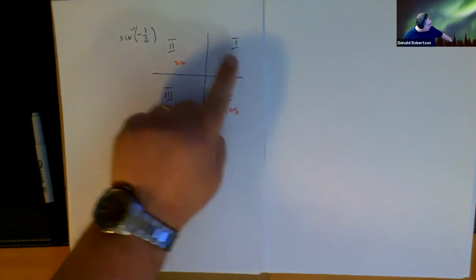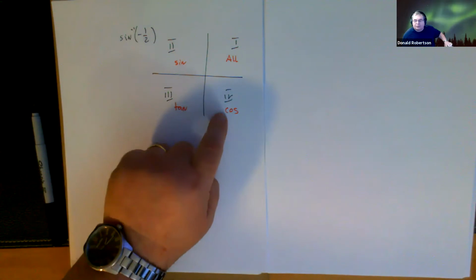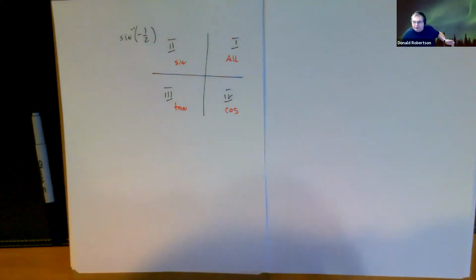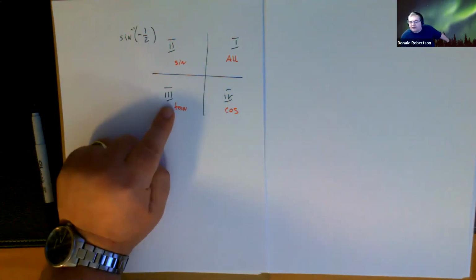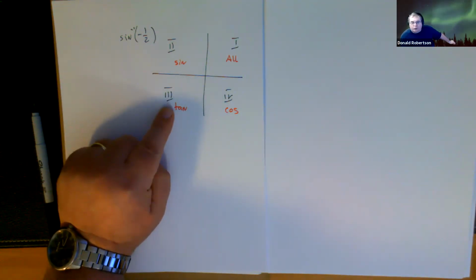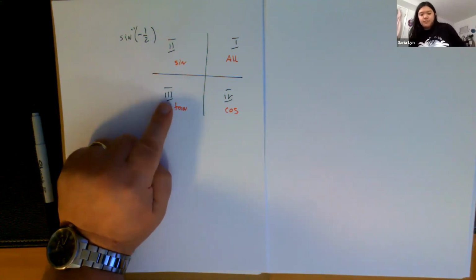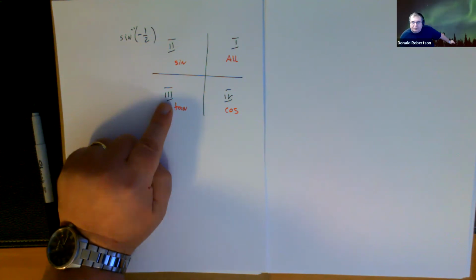Now, what this allows us to do is that if you know where something's positive, don't you by implication know that if it ain't positive, it's negative there. So take the third quadrant, where the tangent is positive. Doesn't that also mean the sine and cosine are negative? Yes. If the tangent is positive, doesn't that make the cotangent positive?